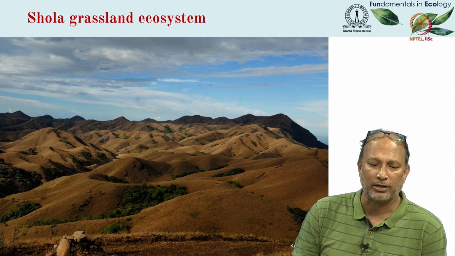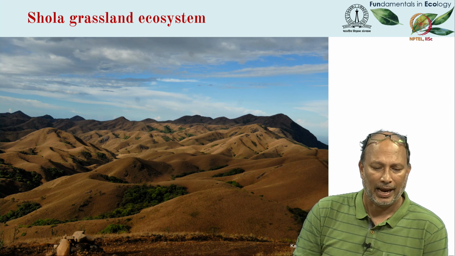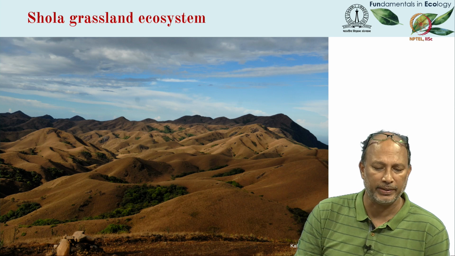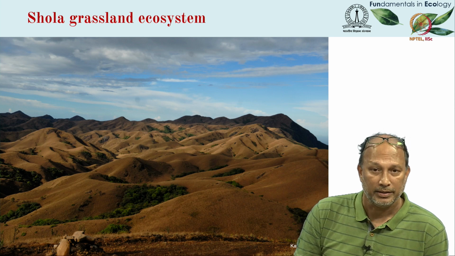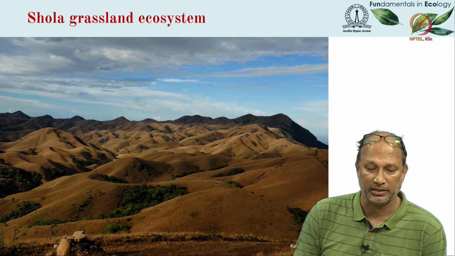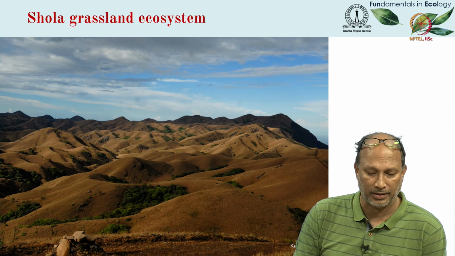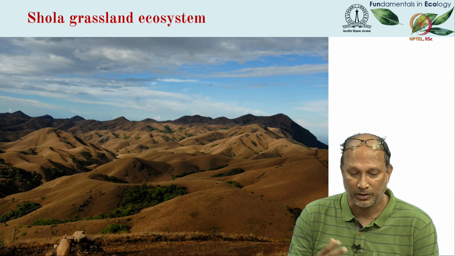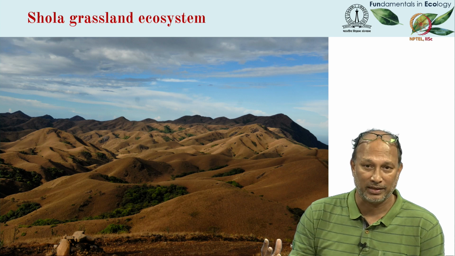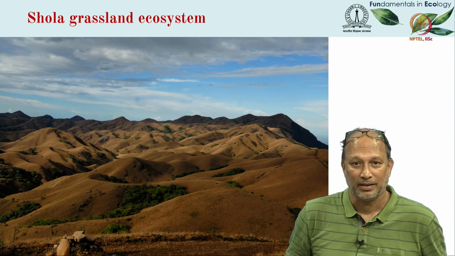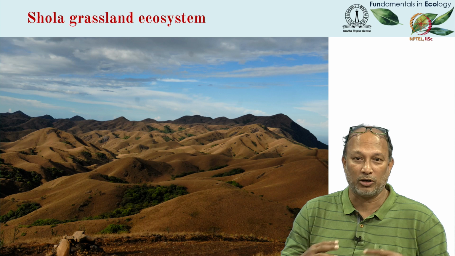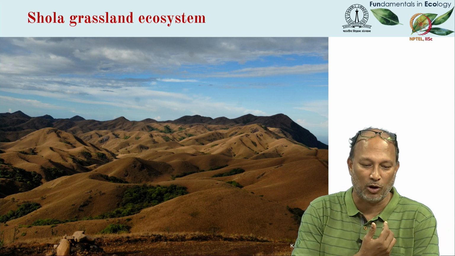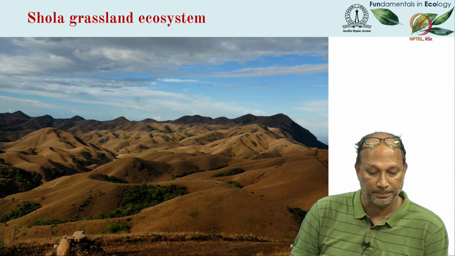So let's go back to that shola grassland system and say, for example, that we sampled 10 sholas in this landscape, and let's take trees as a taxon again, because trees don't move, and we know that individual animals are not moving across these sholas in this fairly small spatial scale.